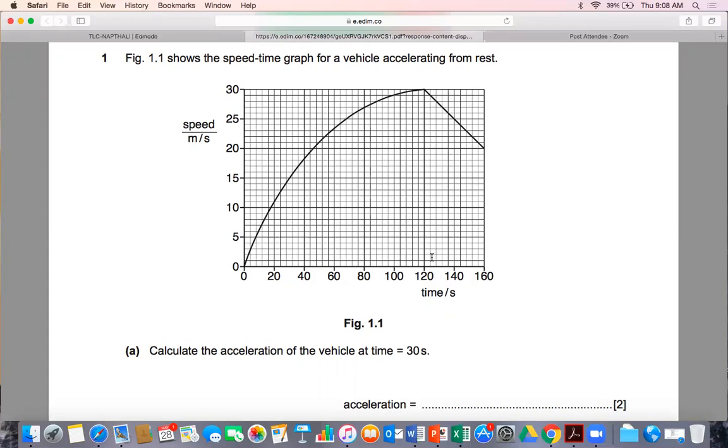Okay, so it says there time 30. The time is what? 30. Just a minute. 20.